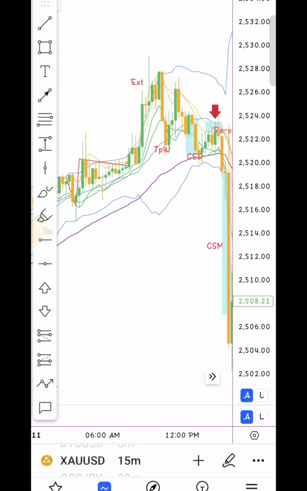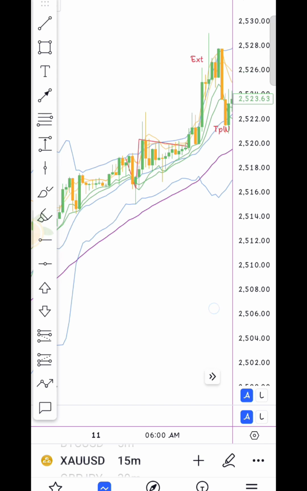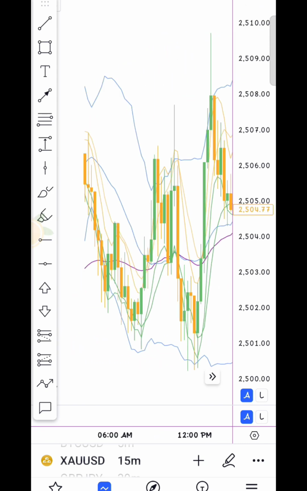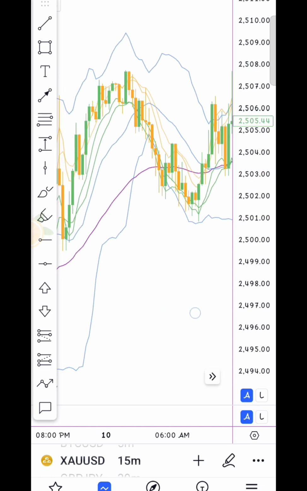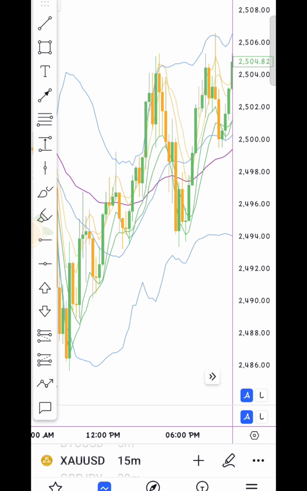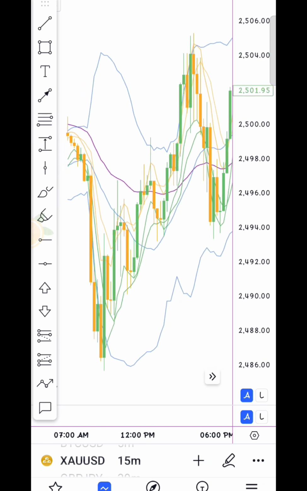So what next? We expect price to continue with the same cycle that we have been discussing. Even if you go back to this side, re-entry like that, the cycle is always the same, guys. It is extreme, TP mandatory, MLV, CSAK or CSD, and then we come for our entry.